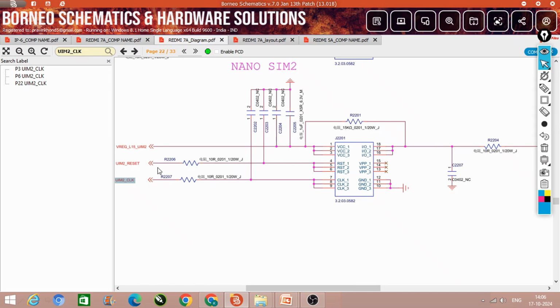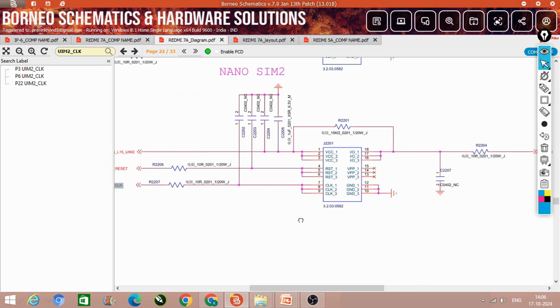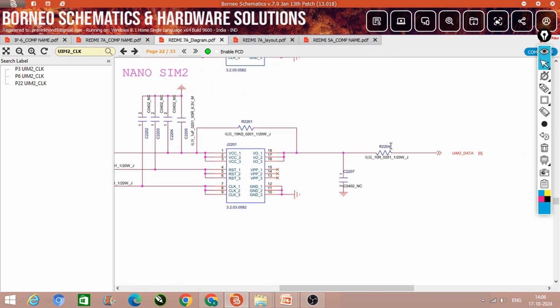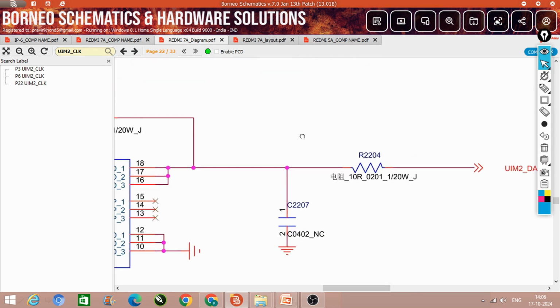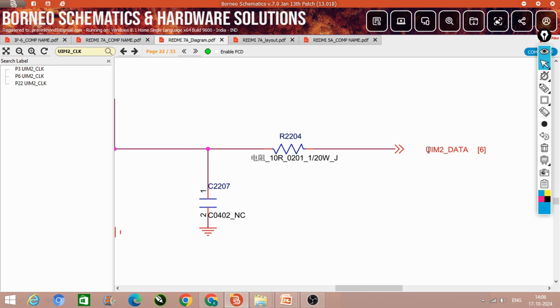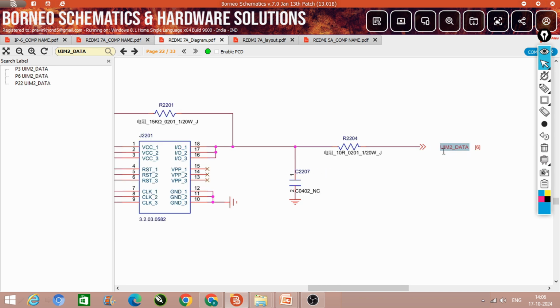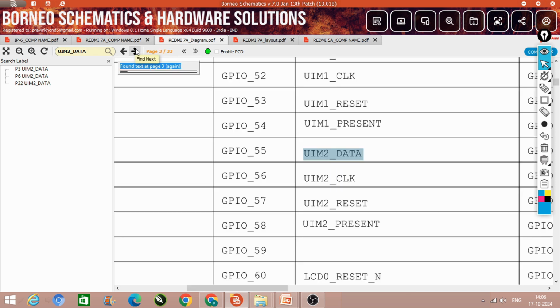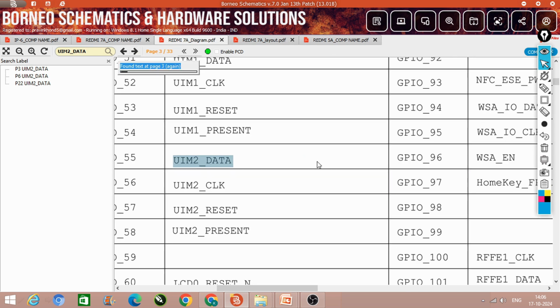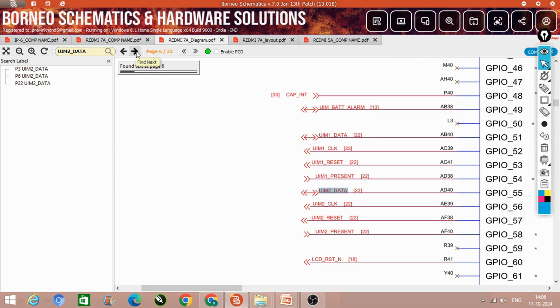Now, reset clear, CLK clear. Now after that, the data pin. Now, this pin has a 10 ohm resistance, and the same with a capacitor also. If this filter capacitor is shorted, this line is automatically shorted, so your SIM does not work. Just copy this, and this line also goes to the GPIO section on the CPU.